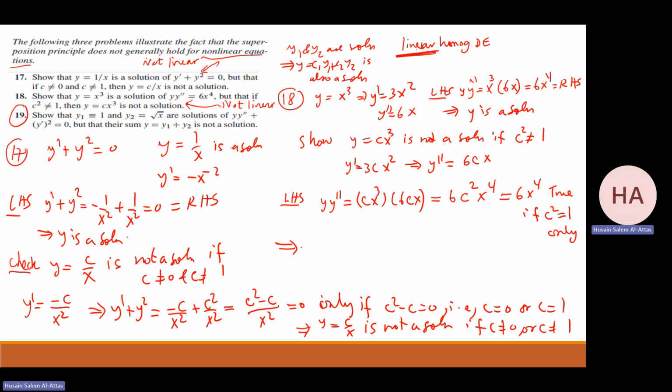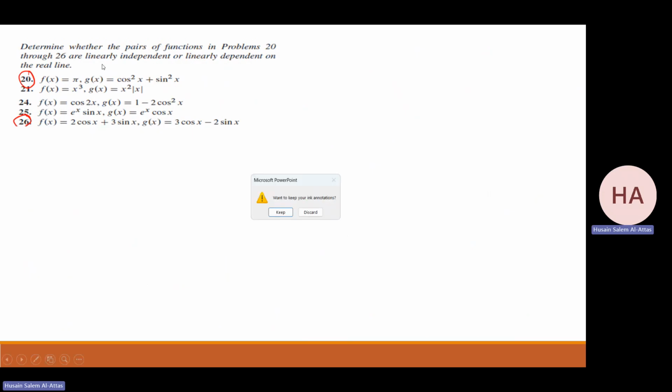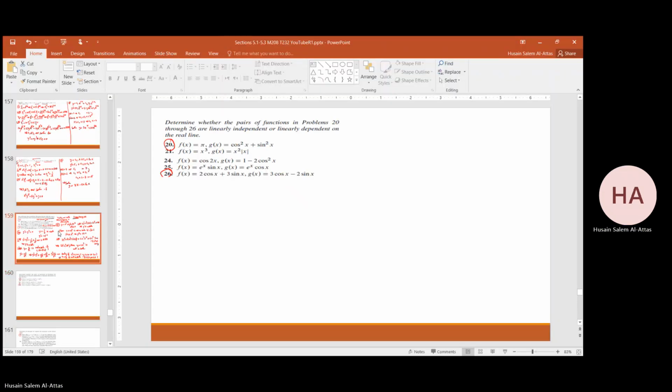So that means if c squared not equal to 1, then y equal cx cubed is not a solution. Okay, I think I need more space for the next one.